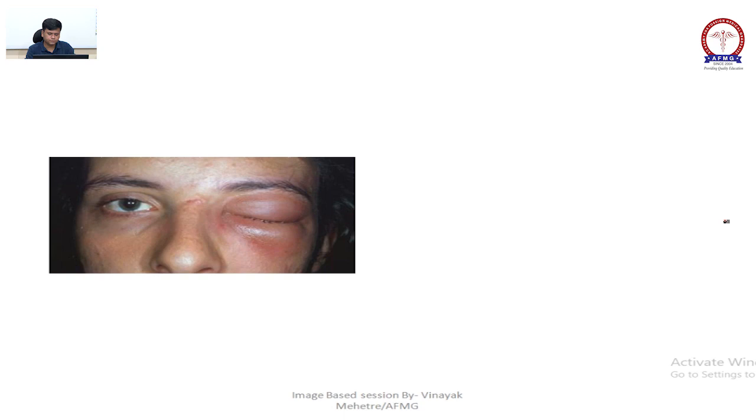Now, is this the cavernous sinus? No. You can see here lid swelling, right?